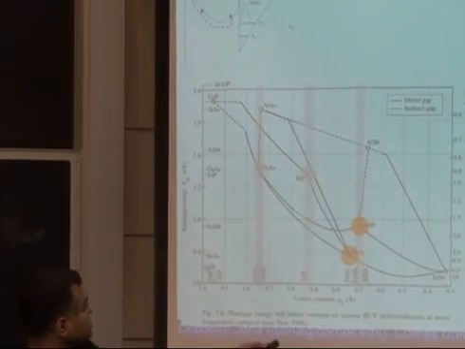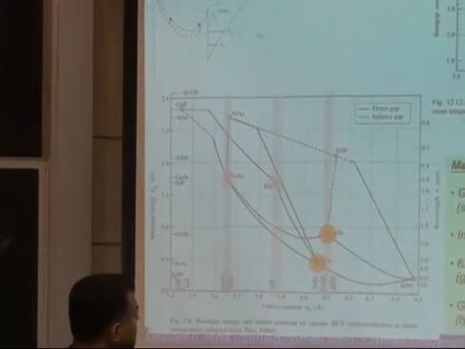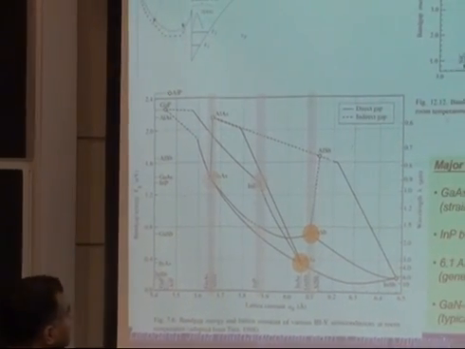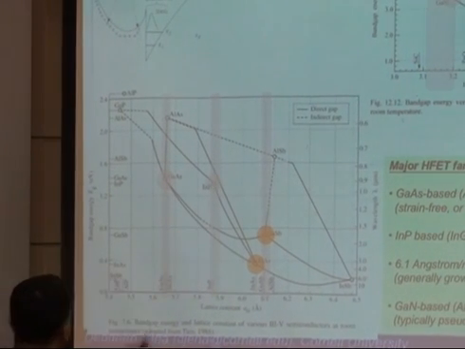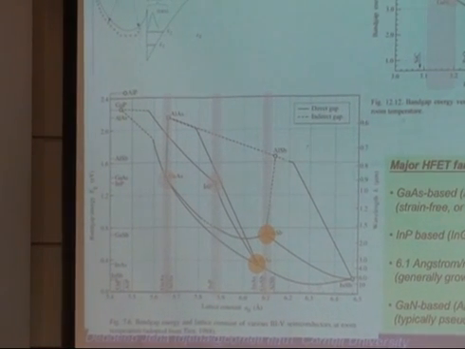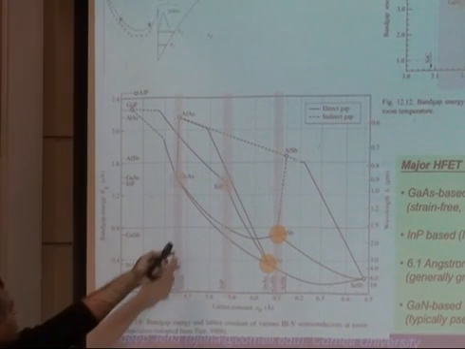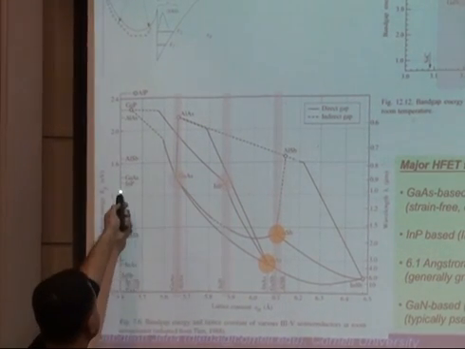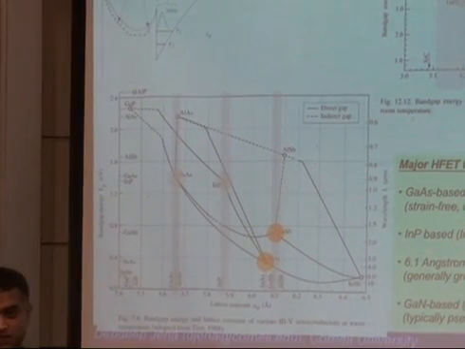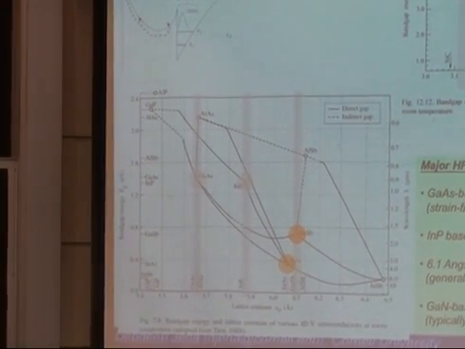Indium phosphide based. Indium phosphide is a very interesting material actually. With indium phosphide, your substrate is semi-insulating indium phosphide. Its band gap is kind of around gallium arsenide, about 1.3 electron volts, something like that. But that's just the substrate.